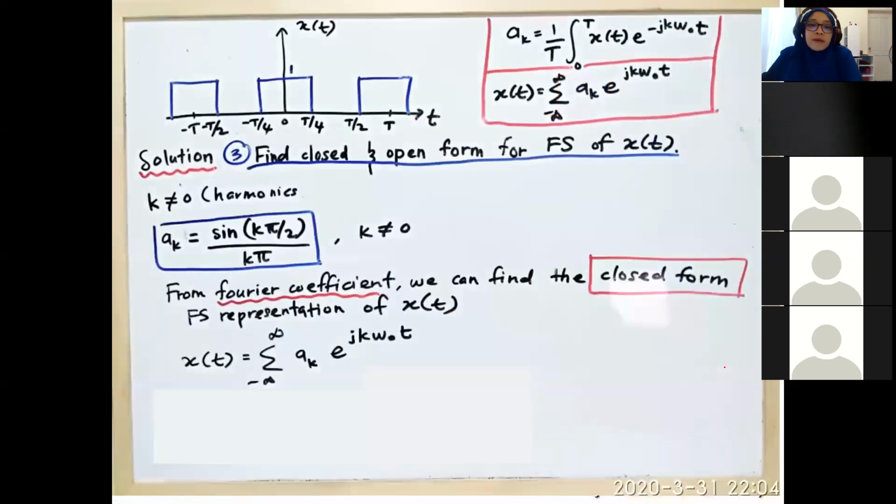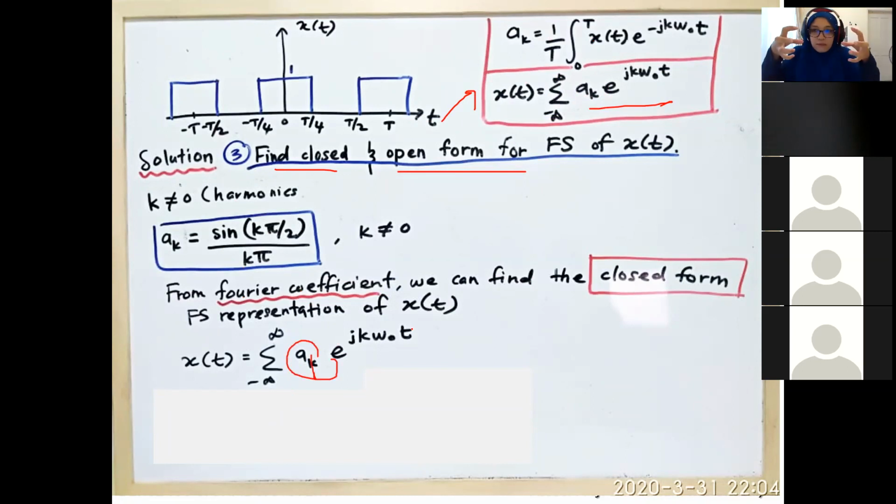And then the next question was to find the closed form for the Fourier series of xt. So the closed form uses this xt, where you have the summation of ak e^(jkωt). The ak closed form is not going to be expanded.